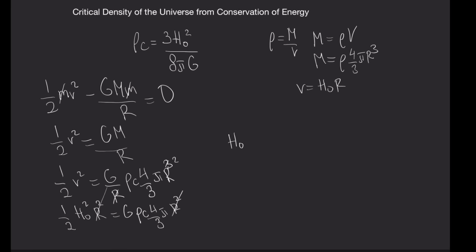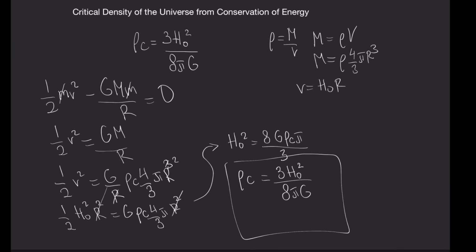So H naught squared, what is that going to give me? It's going to give me 8 G rho C pi, then over 3. Finally, let's just rearrange for the critical density, which is going to be 3 H naught squared over 8 pi G, which was what was required.